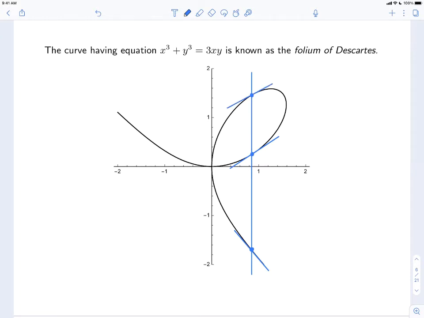So the question becomes, how do we determine the slope of a tangent line? Well, of course, you need to specify which point you're looking at, because each point will give you a different slope. But how do we find that formula that depends on the point? Well, we start with our equation, and we use implicit differentiation.